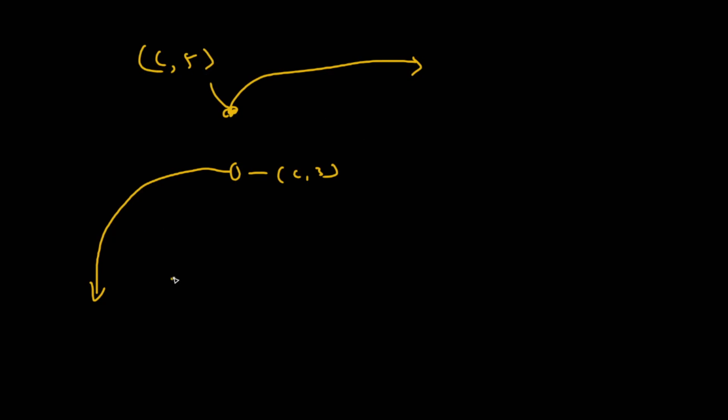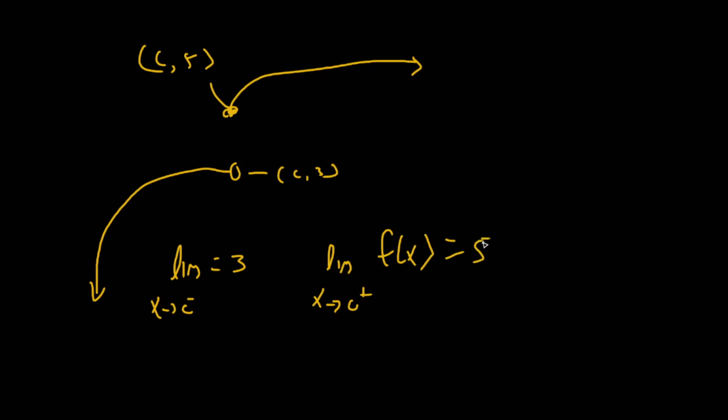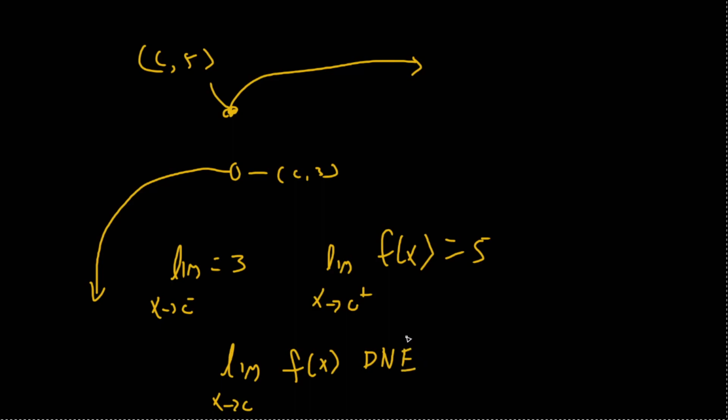Then the limit as x approaches c from the negative side would equal 3, but the limit as x approaches c from the positive side would equal 5, right? And if we have a situation like this, we say that the limit as x approaches c of f at x does not exist, right?